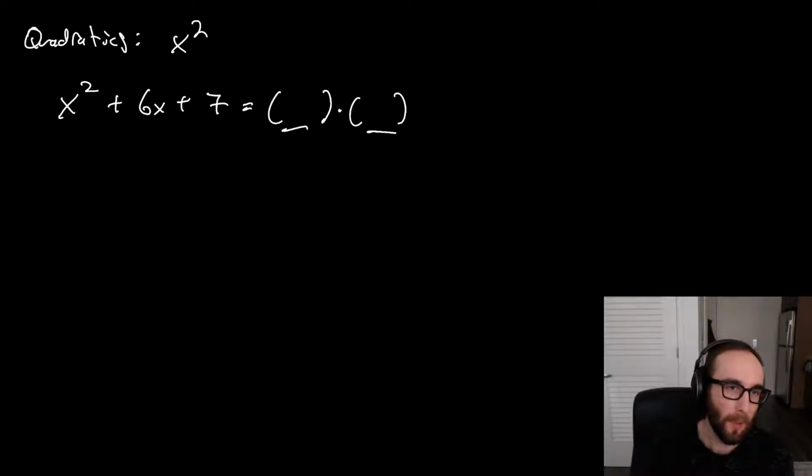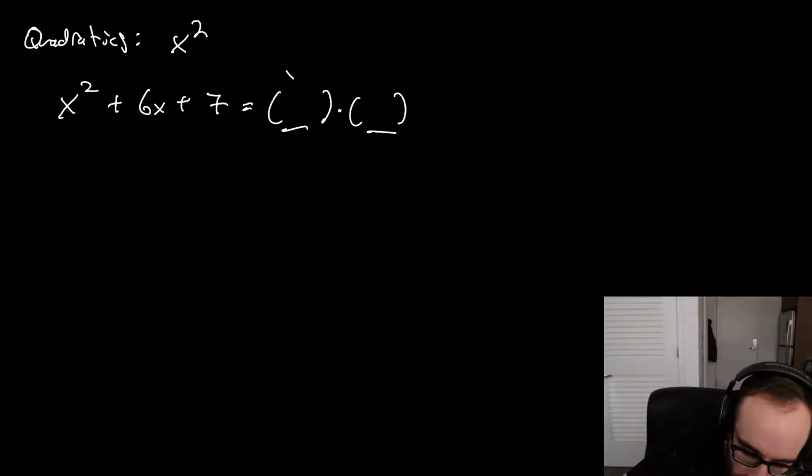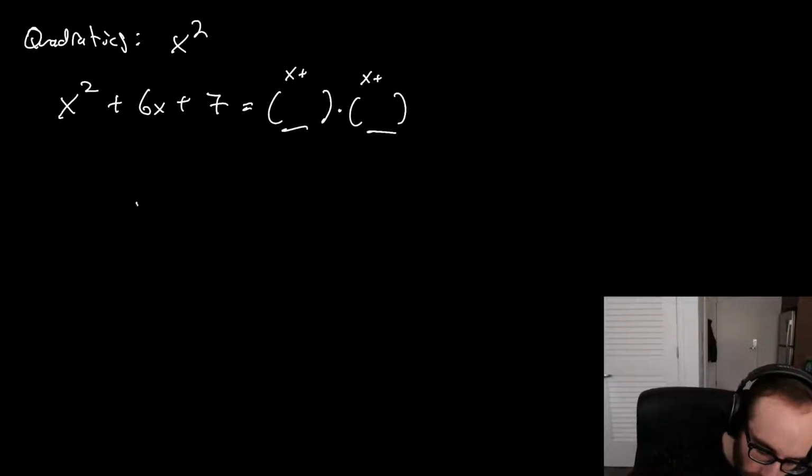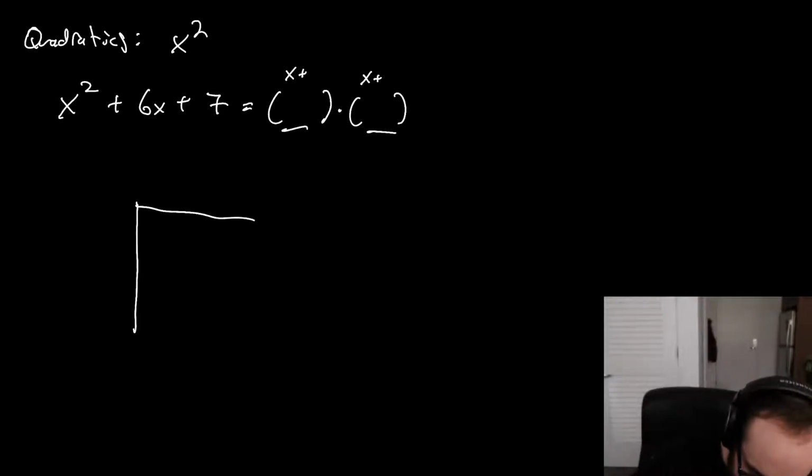What we can use to help us out here is what we know about multiplying polynomials. When we multiply polynomials, we can use the area model. One note is we're going to end up with binomials, x plus something times x plus something, and when we multiply binomials, we use the area model to help us out.